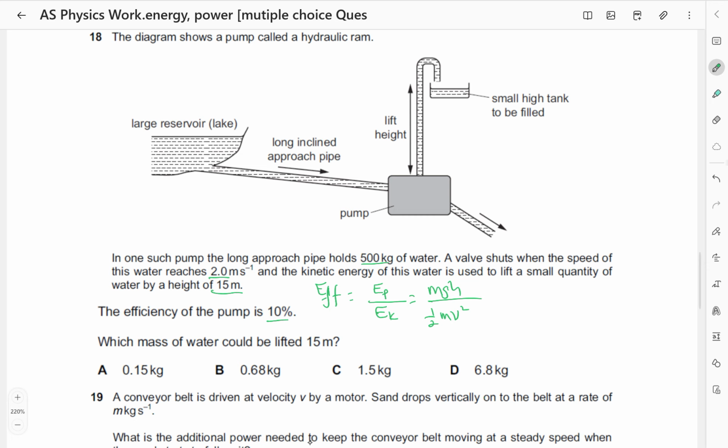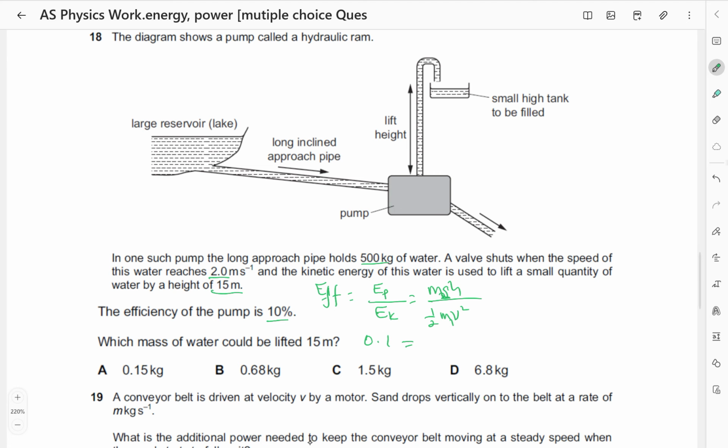That is going to be the efficiency, but the efficiency has been given as 10%, which is 0.1. So 0.1 is equal to m. Oh, so these m's are not the same. This is m for the water which is being raised. Let me call it m2. And this is m1 for the water which is held in the long approach pipe.